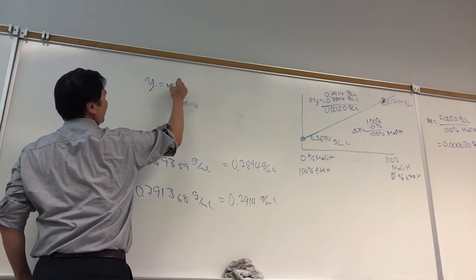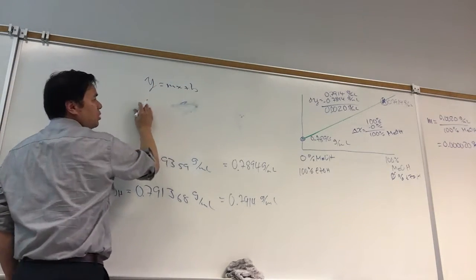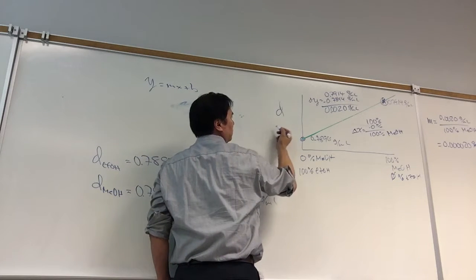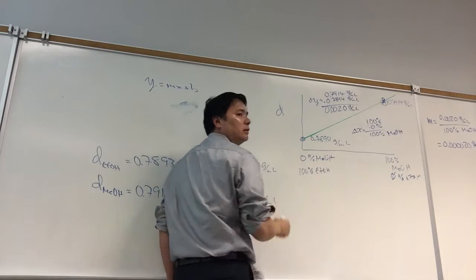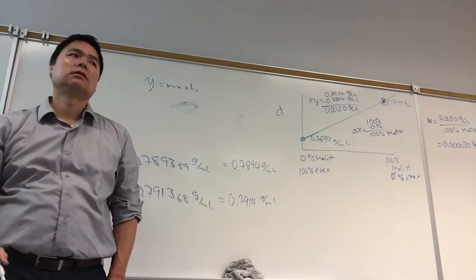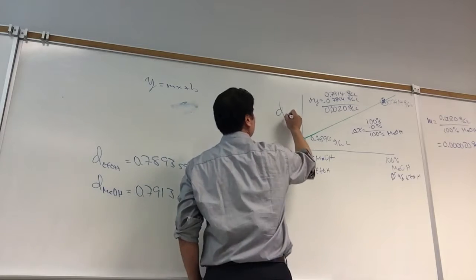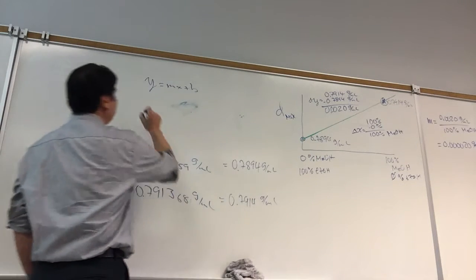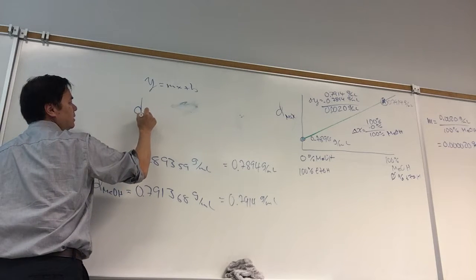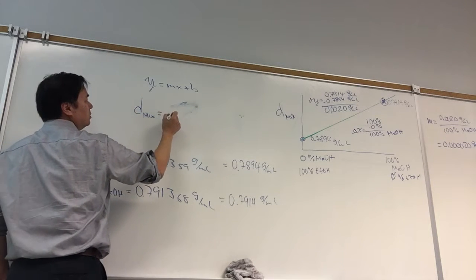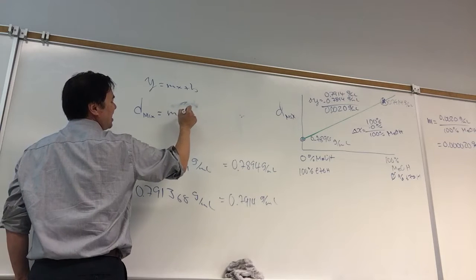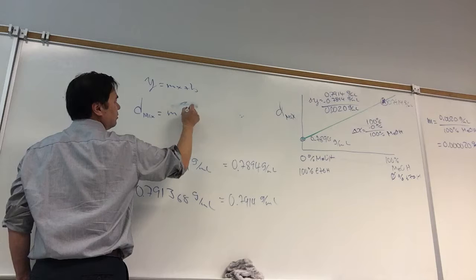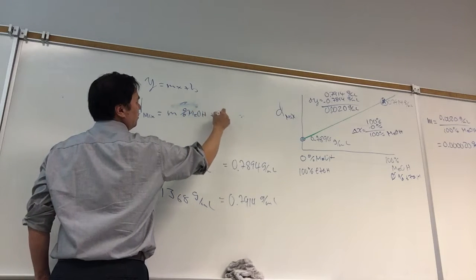Y is equal to mx plus b. Y is what? I didn't label the axis, did I? Density of what? The mixture. The density of the mix. X is percent methanol. And so what we have is the density of the mix is equal to the slope times X, X is the percent methanol, plus B, the intercept.